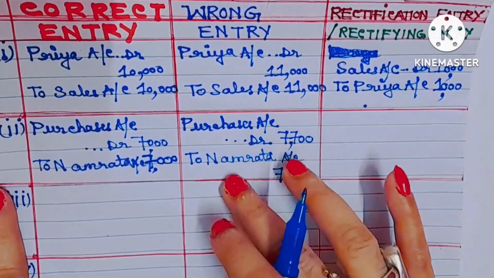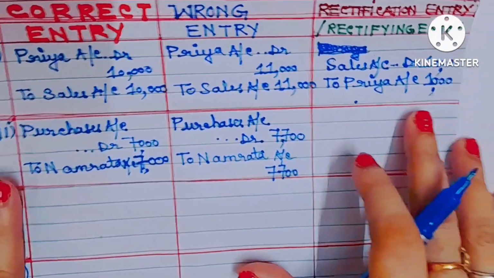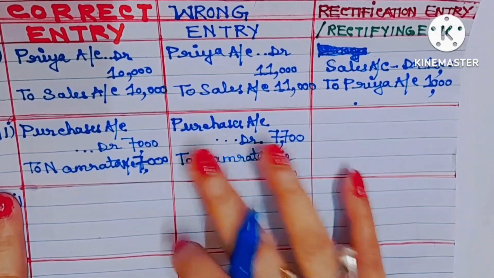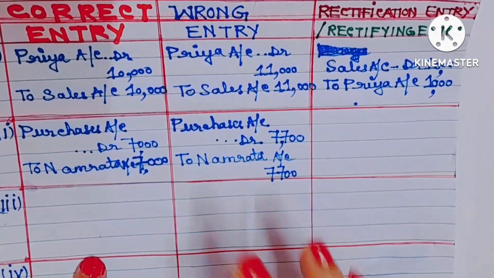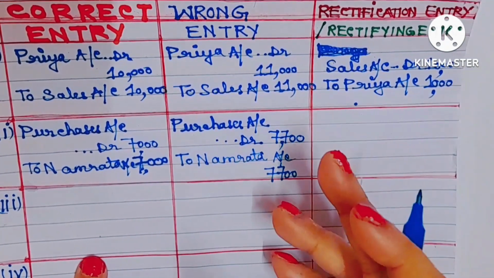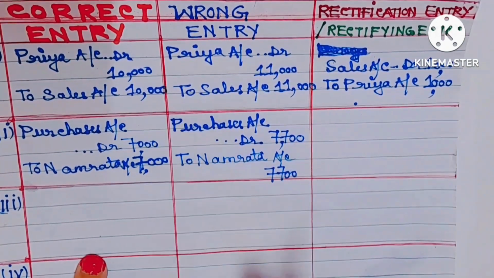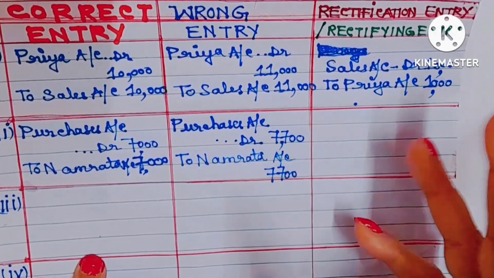Please remember, in this particular problem, the journal entries are correct, but the amounts are wrong. You have to rectify the amounts. So let's compare. What is our job? Our job is to compare the correct entry with the wrong entry and then rectify the wrong entry.